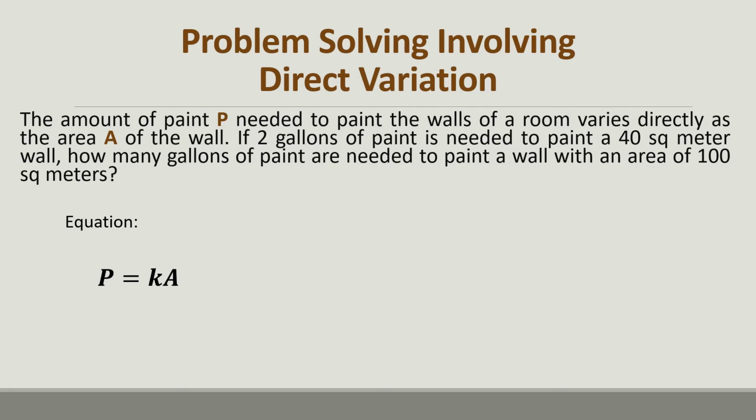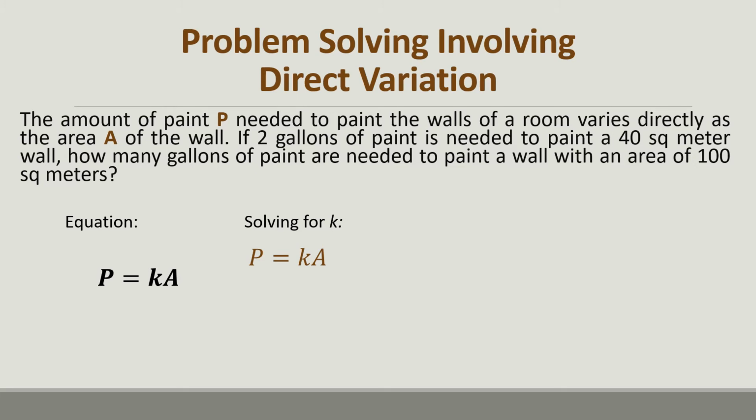So after that, still the same process. We solve for K and we write the equation again, and we substitute the given, which is found in the first clause of the last sentence. So we have 2 gallons of paint and then 40 square meter wall.